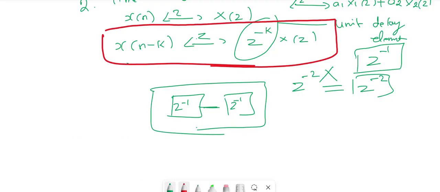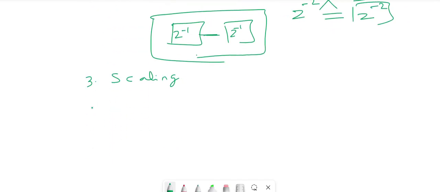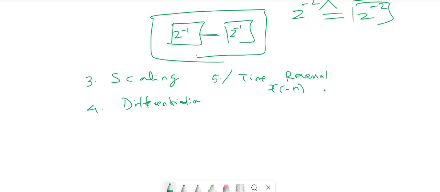Similarly, the other properties are scaling property, differentiation property, and time reversal property. So, x of minus n means x of z inverse.